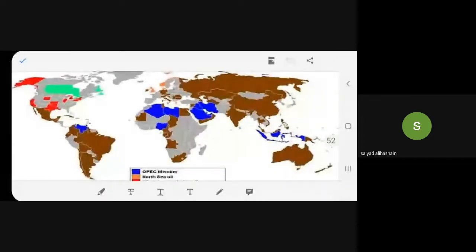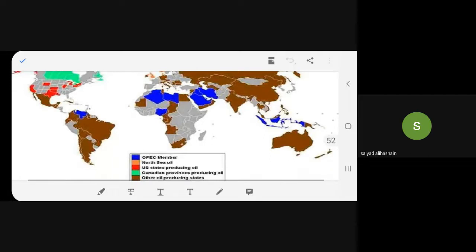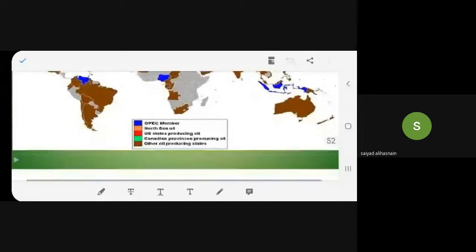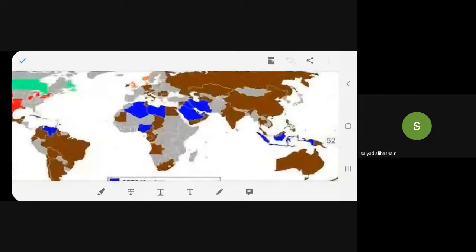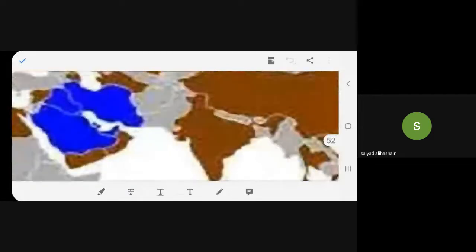You can see the whole of Australia is producing petroleum. These are the countries which are producing petroleum. What about India? Even we are producing oil.